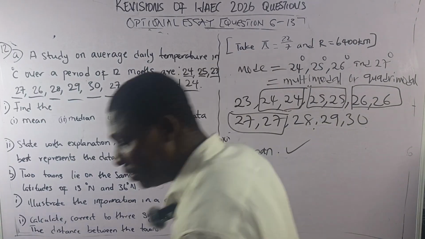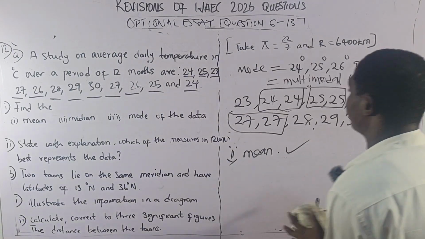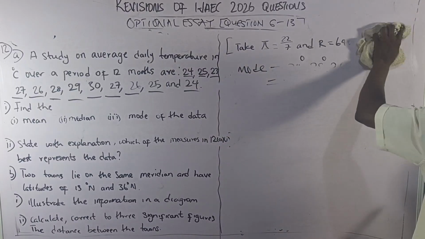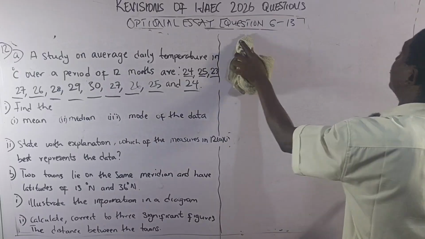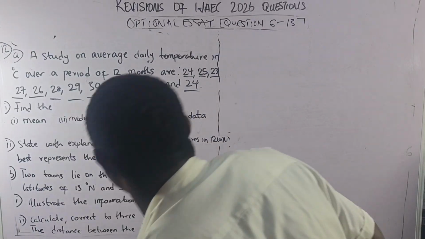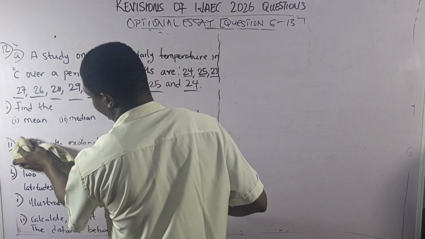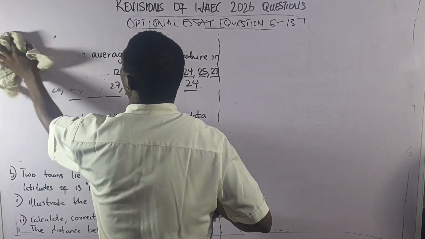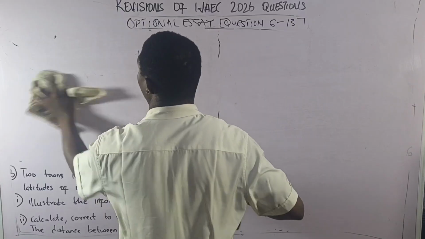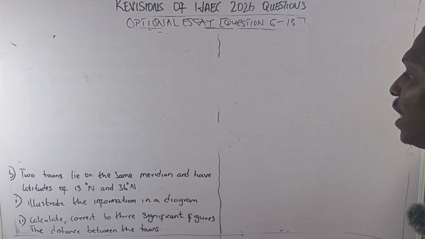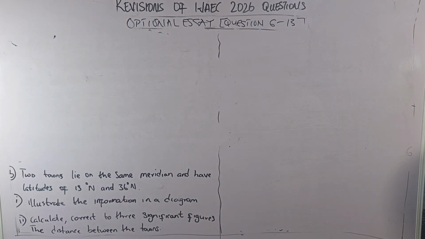Now let's focus on our B. Bi says, I can clean this top now. So Bi says, 2 towns lie on the same meridian and have latitudes of 15 degrees north and 36 degrees north.